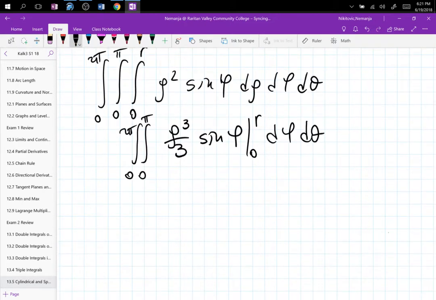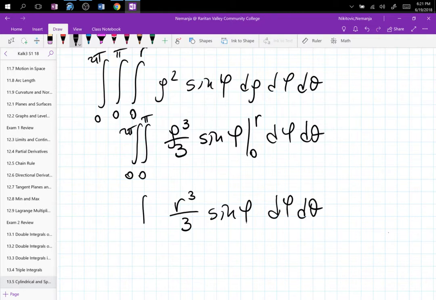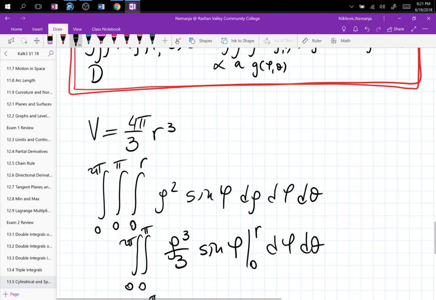And when you plug in your r and 0, all you get is r cubed over 3 sine phi. And I like it because I already have r cubed, I already have over 3, right? So if you look at the formula, I have these two components already.